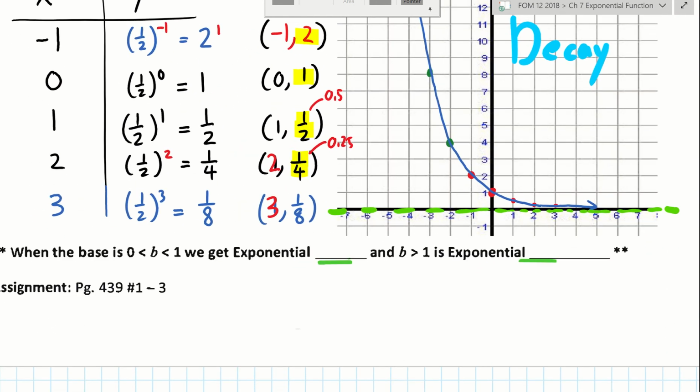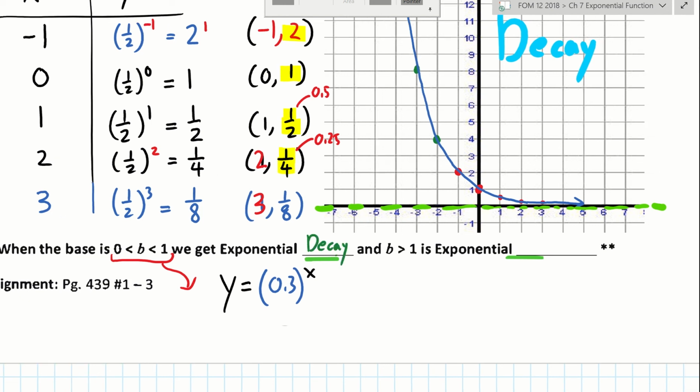So if the base is between 0 and 1, so that means when we have a function where that base right here is between 0 and 1, for example, let's say like 0.3, which is between 0 and 1, right? And then to the power of x, so that's the function. Then we're going to get an exponential decay function.